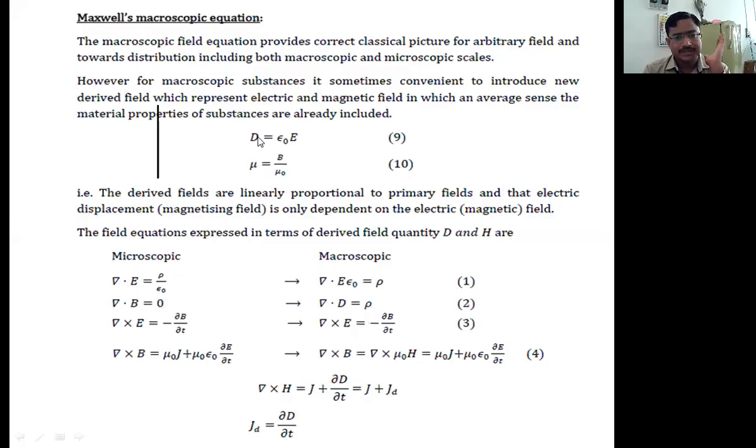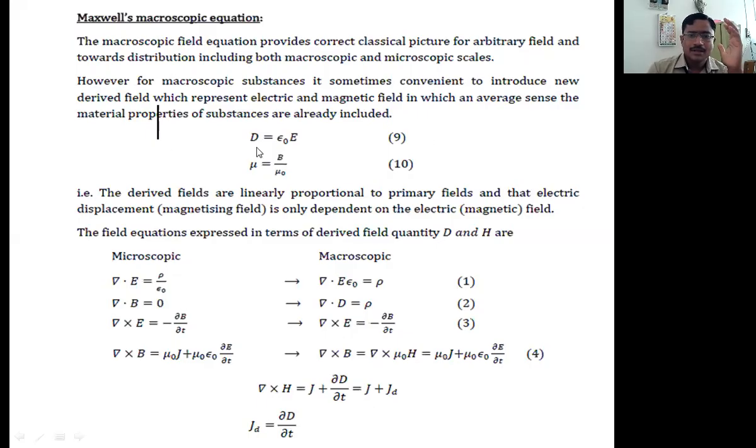Dielectric displacement vector. Now what is H? H is nothing but the intensity of magnetization. So this is H and this is D. D is equal to epsilon 0 E, and here we have H is equal to B divided by mu 0.